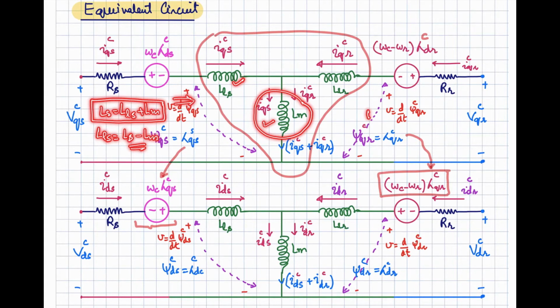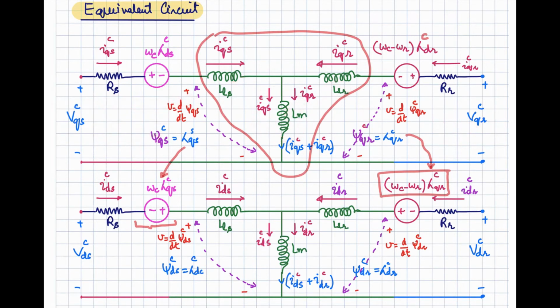Similarly, on the rotor side, the rotor inductance is equal to LLR plus LM, where LM is the mutual inductance, that is this part, and LLR is this leakage inductance. So the total inductance on the rotor side is LLR plus LM, and similarly this leakage inductance will be equal to the total inductance LR minus LM.